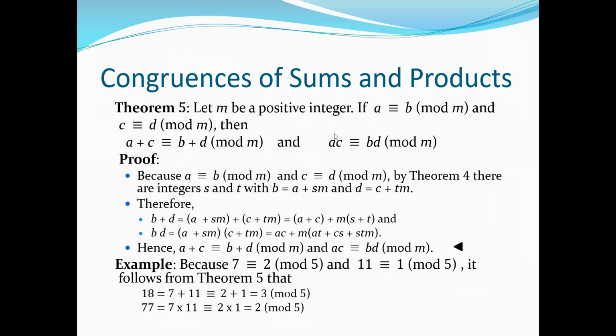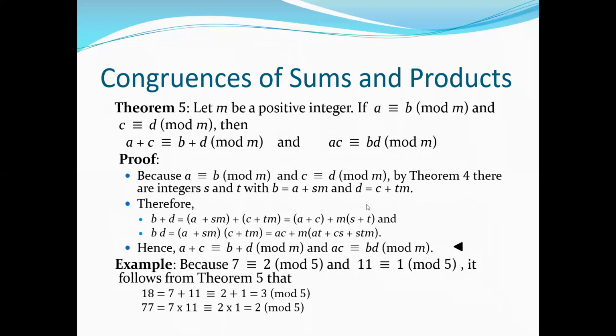Just to prove that this is correct, we have these two relationships, and based on theorem number 4, we could rewrite them as b equals a plus sm, wherein s is any integer which, when we multiply to m and add to a, will yield b. Same with this: t is an integer which, when we multiply to m and add to c, gives us d.